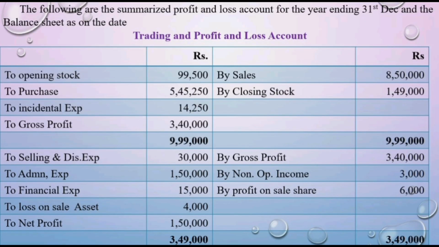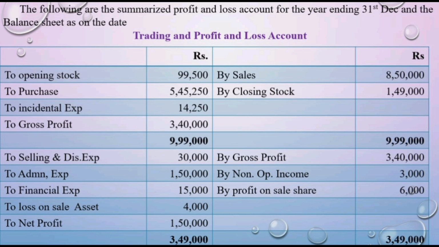health and future prospects. The following are the summarized profit and loss account for the year ending 31st December and the balance sheet as on the date. Here some details of trading and profit and loss accounts are given. Opening stock 99,500, sales 8,50,000, closing stock 1,49,000, purchase 5,45,250.